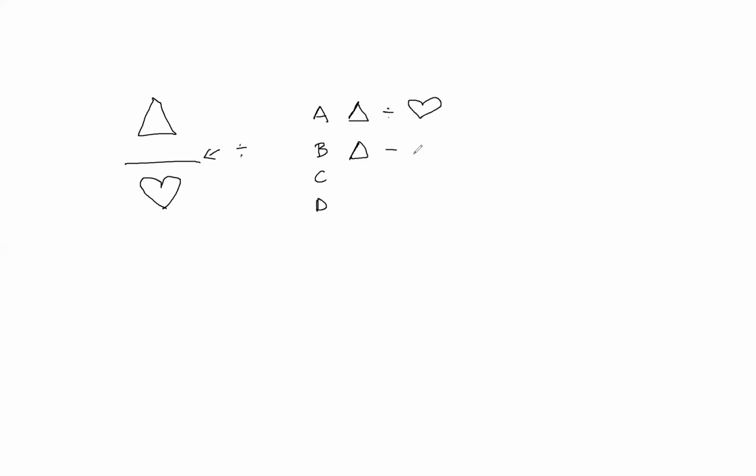Triangle, take away, heart. The next example is heart, take away, triangle. And the next example is heart divided by triangle. So the one that's correct is A. You're just going to circle A and then click submit, and that will be correct.